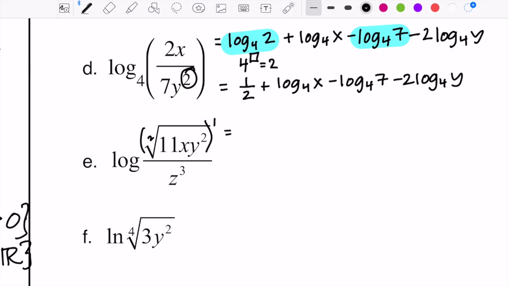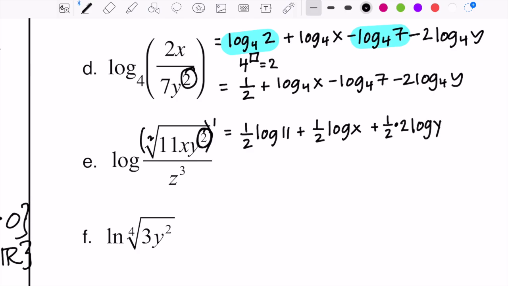So this is going to be 1/2 log 11 plus 1/2 log x plus 1/2, but then there's a 2 here, so it's going to bring the 2 out in front, and that's going to be log y, and then minus 3 log z. And I just want to point out real quick that this z cubed is not under the square root, and that's why there's not a 1/2 in front of it.